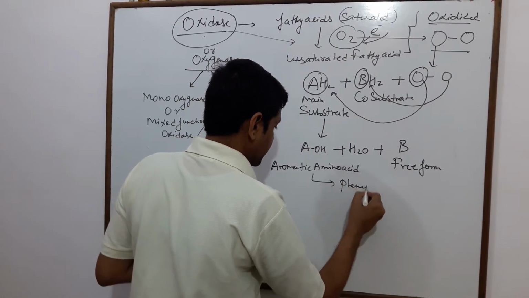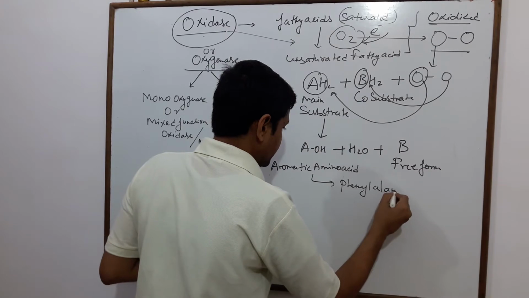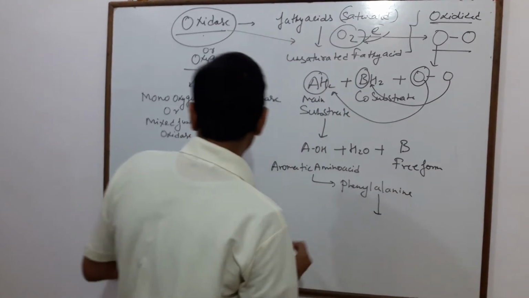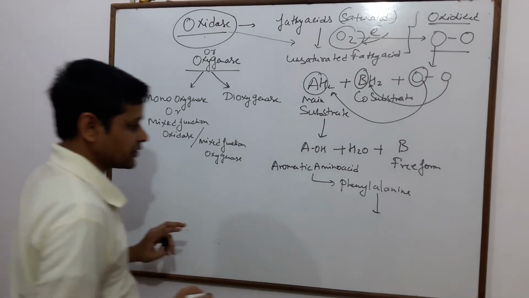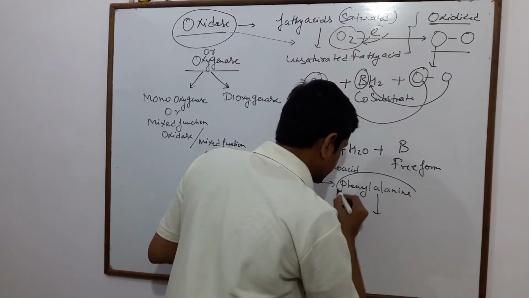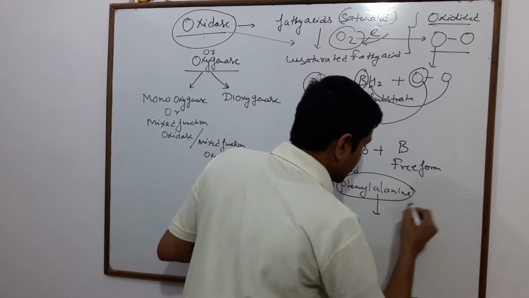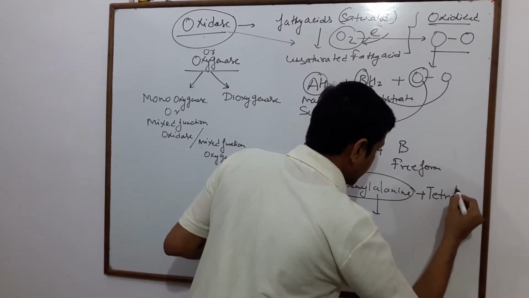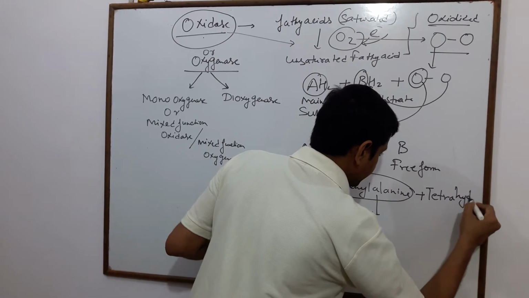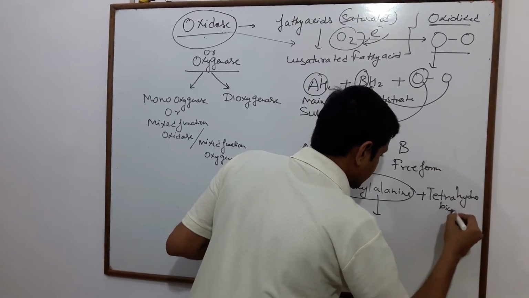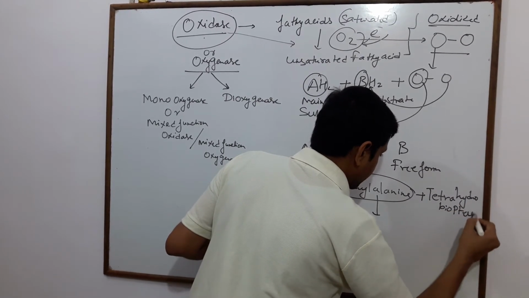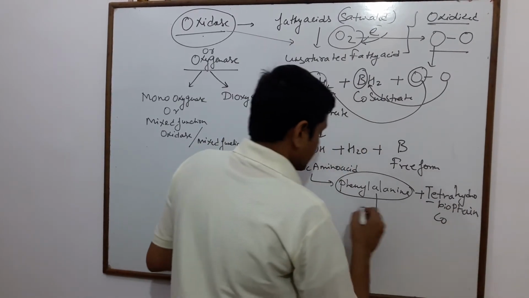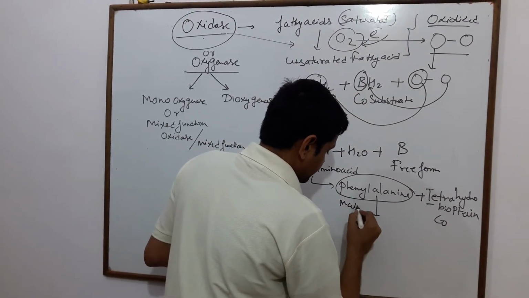When phenylalanine is oxidized in the presence of this monooxygenase, phenylalanine acts as the main substrate, and the co-substrate is tetrahydrobiopterin. This is the co-substrate and this is the main substrate.